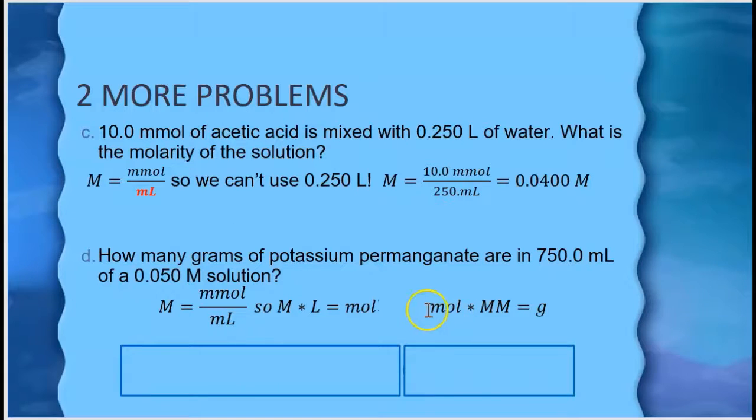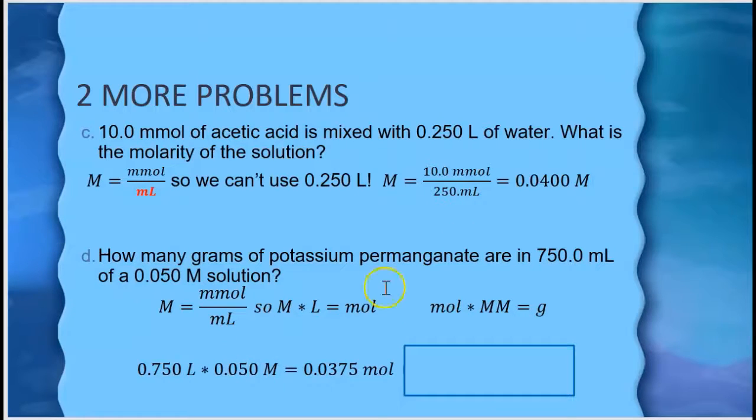And also I know once I have moles, if I multiply that by the molar mass, I'll be in grams. So I went ahead and converted this into liters so that I could get moles. If I had done 750, I would have gotten millimoles, which would be fine as long as I worked in millimoles per milligram. And I get that this is 0.0375 moles because molarity times volume is moles.